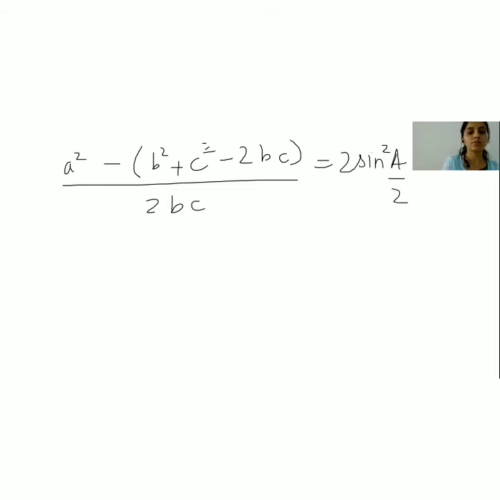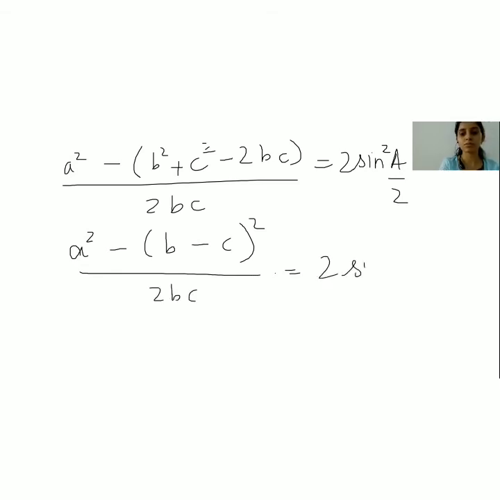Okay. Now what we'll do is we'll expand this bracket, not expand, rather we'll put it in this form. Is this correct? B square plus C square minus 2BC makes an identity, whole square identity. So we write it as B minus C the whole square upon 2BC equal to 2 sine square A by 2. Okay.